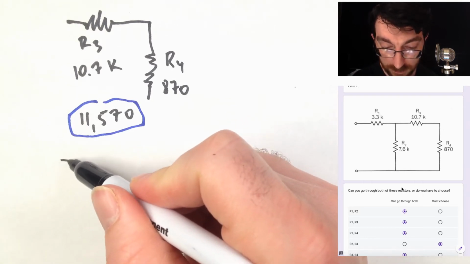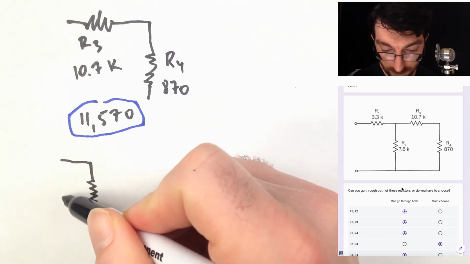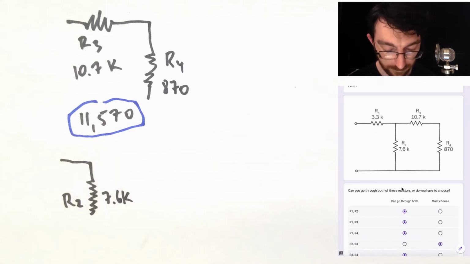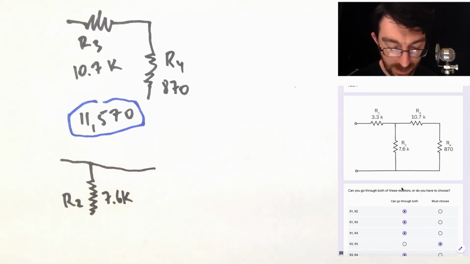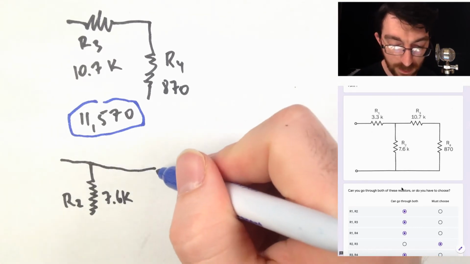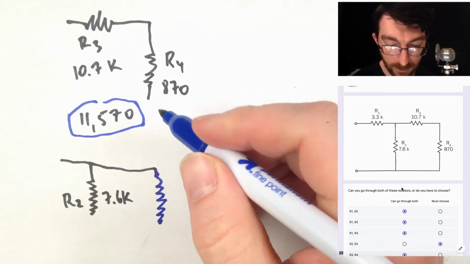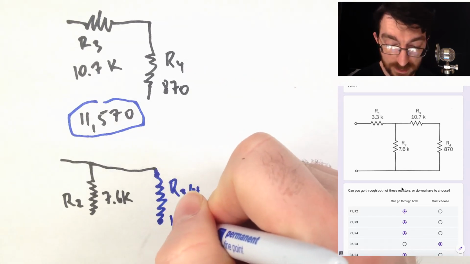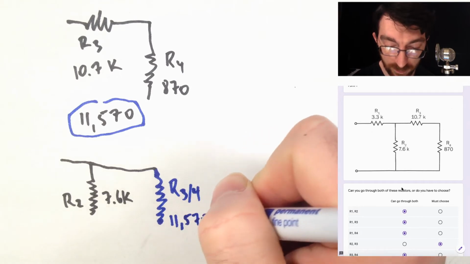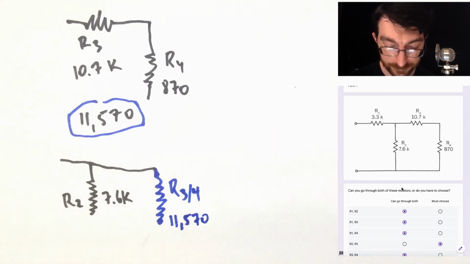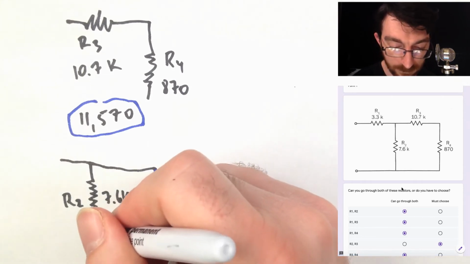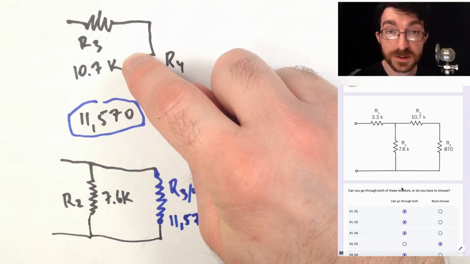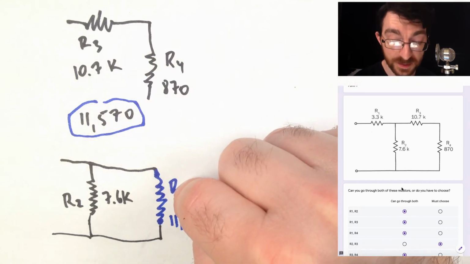So here's resistor 2 over here. Resistor 2 is 7.6 kiloohms. And then here in blue is this replacement resistor 3 and 4 that has a resistance of 11.57K or 11,570. Do you get the idea?